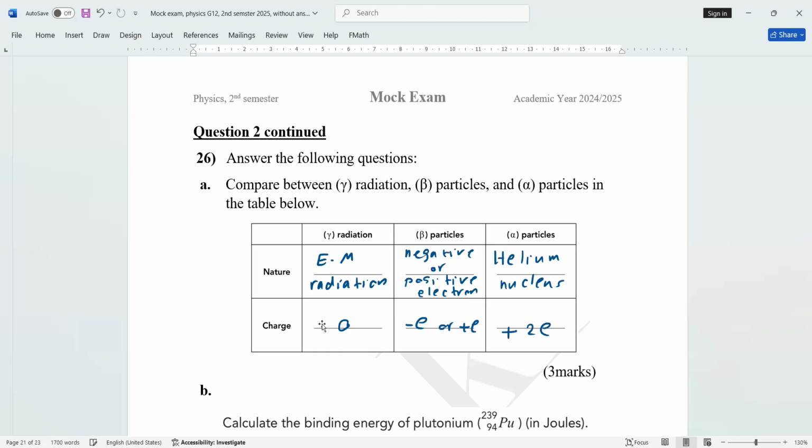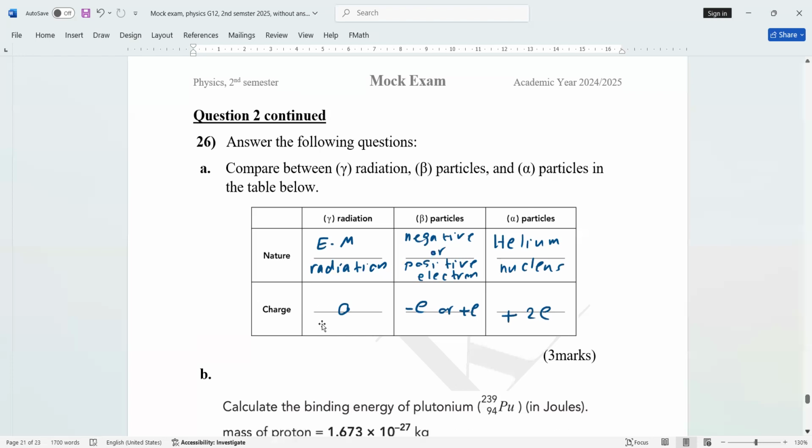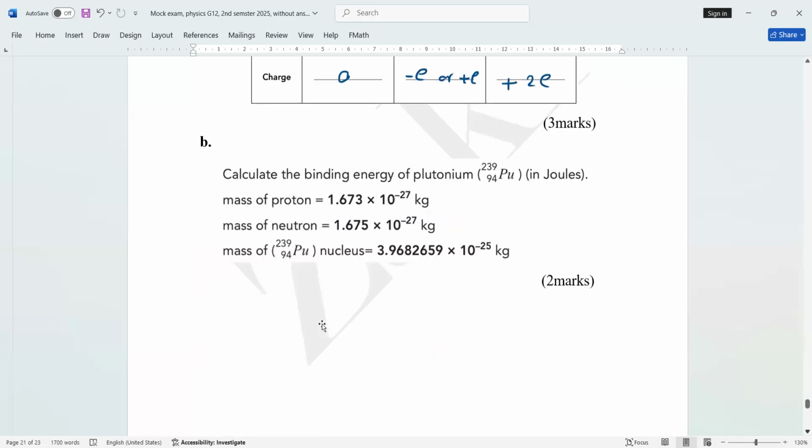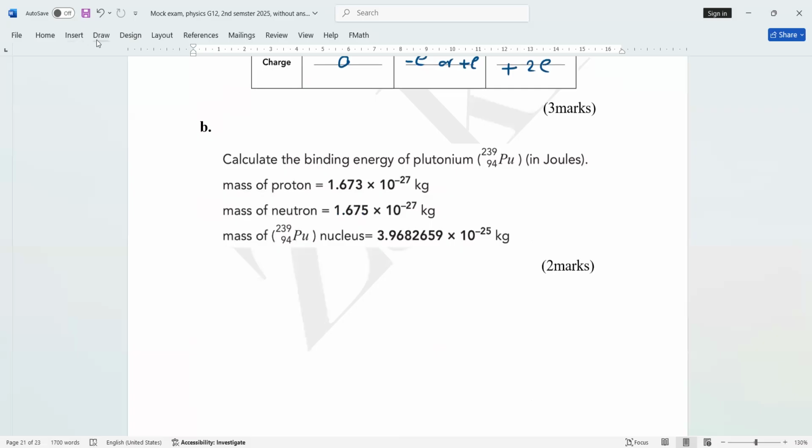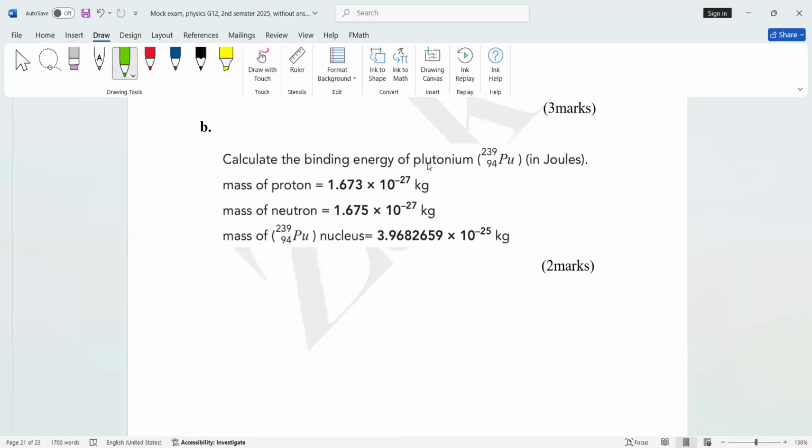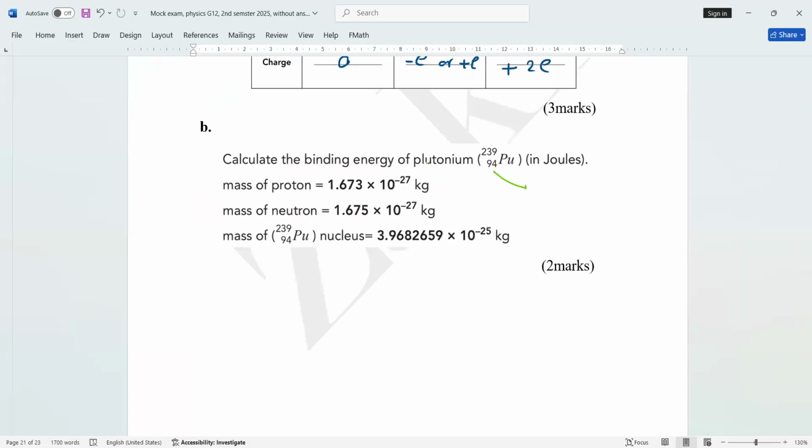Now, next question. Calculate the binding energy. Now, to calculate the binding energy, we have to calculate how many protons, how many neutrons. For this one, the protons equal 94, the neutrons equal 239 minus 94, so the neutrons equal 145.